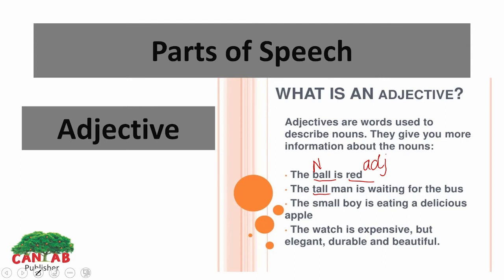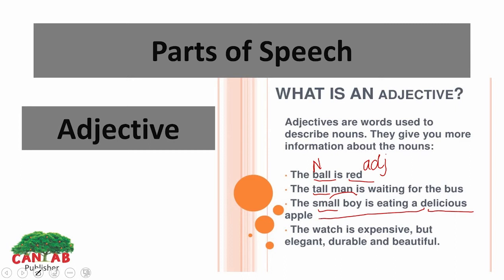Look at the third one. The small boy is eating a delicious apple. We have two adjectives in this sentence, small and delicious. One is describing the boy and another is describing an apple. Look at the fourth one.